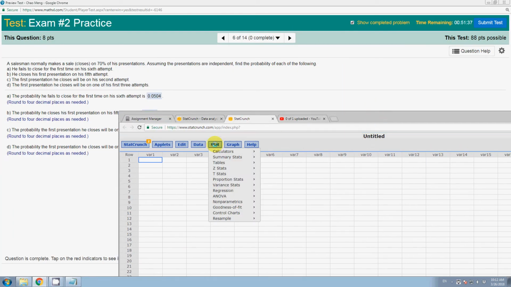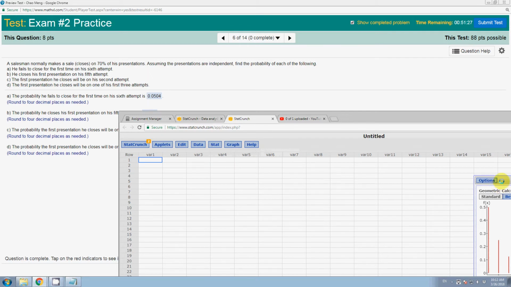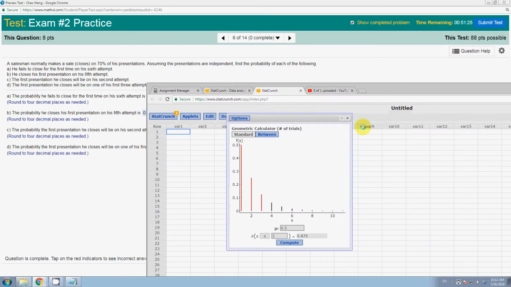Let me open the geometric calculator. Let's use this number of trials option. There's only one parameter, the probability of success. And here I have to emphasize, we need to give a definition to the success.